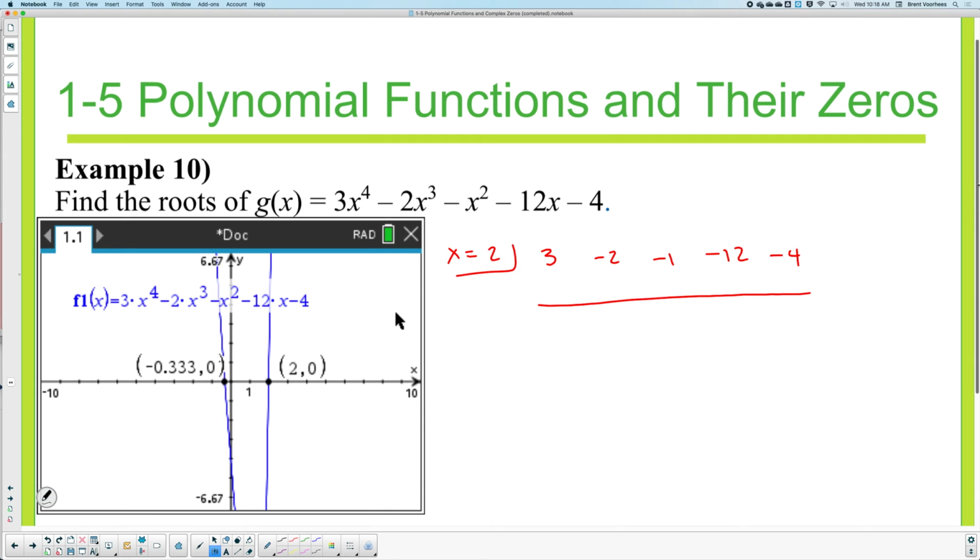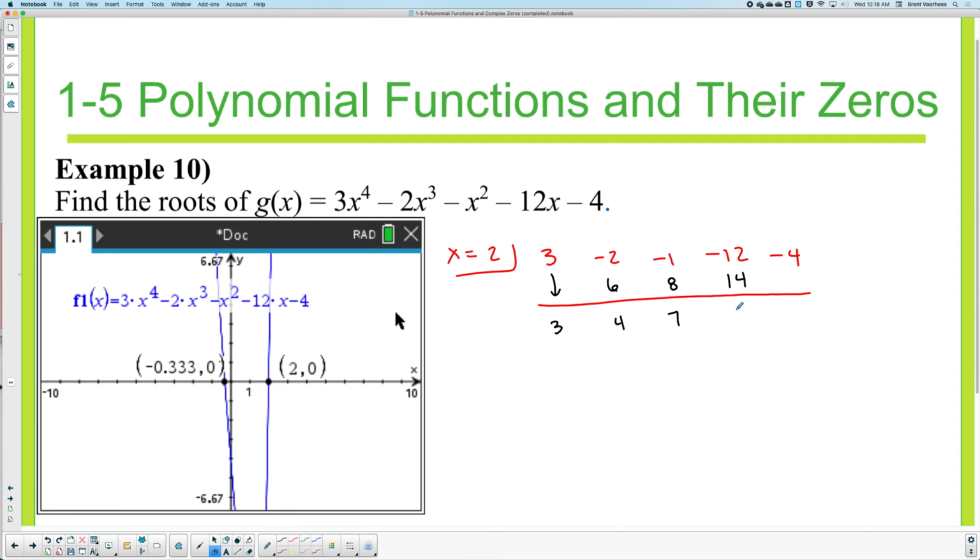I drop my 3 down. What's 3 times 2? 6. Negative 2 plus 6? 4. Negative 4 or positive 4? Positive. My error. Okay, 4 times 2? 8. Negative 1 plus 8? 7. 7 times 2 is 14.